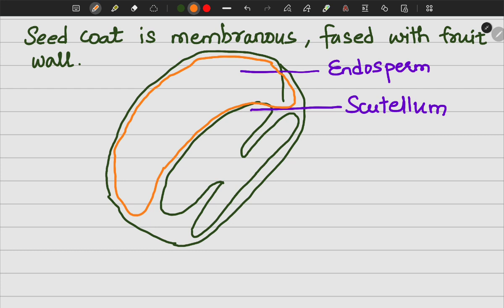The embryo forms a very little part at the corner of the monocot seed. The majority of the part is taken by the endosperm. And this endosperm has a protective covering over it, which is proteinaceous in nature. It is made up of protein. And this layer is called the aleurone layer.